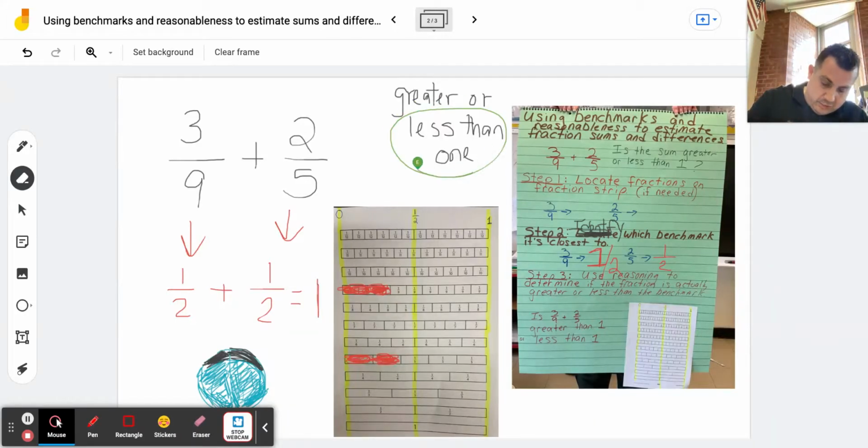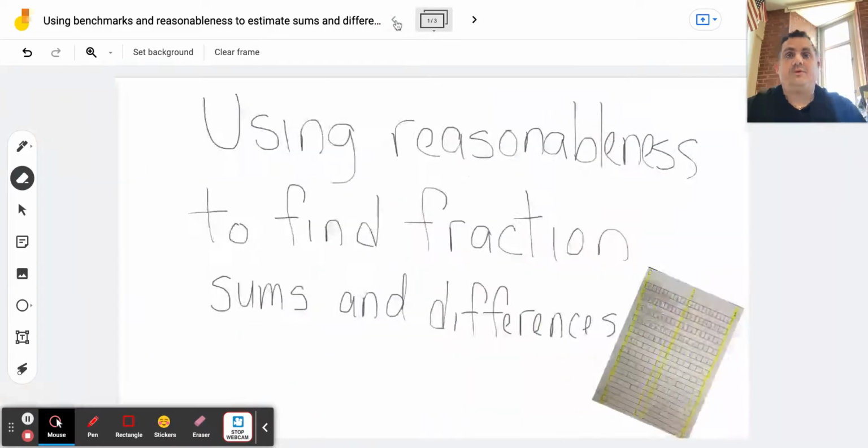So I'll mark on the chart, it's less than 1. Okay? So I'm going to go back to our main screen. So that is an example of how to use reasoning to find fraction sums and differences. I hope this helped.